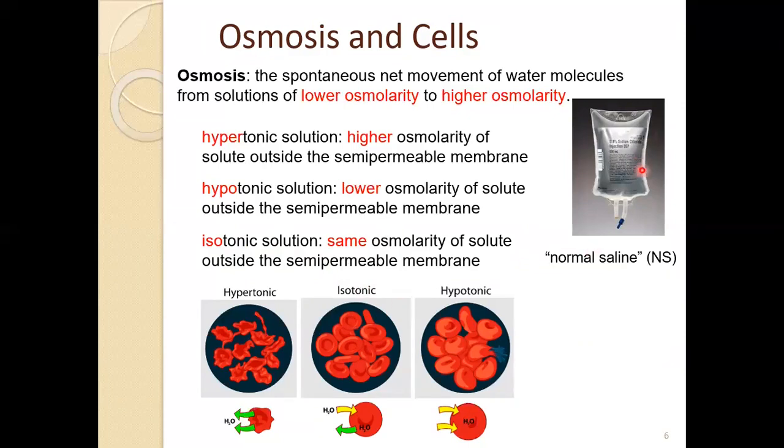Typically, IV administration is done with so-called normal saline bags labeled NS. They're labeled normal saline because they're solutions composed of sodium chloride and water, but specifically made up to about 0.9% mass per volume sodium chloride. And that number is important because that converts to 0.308 osmoles per liter.